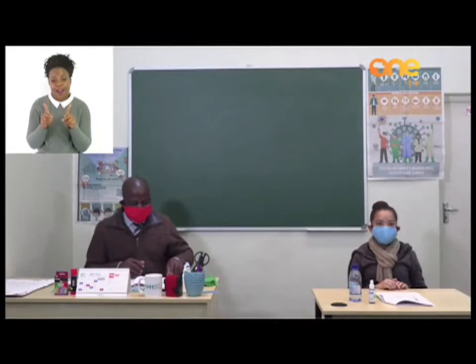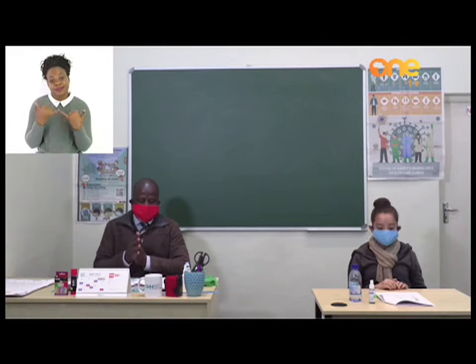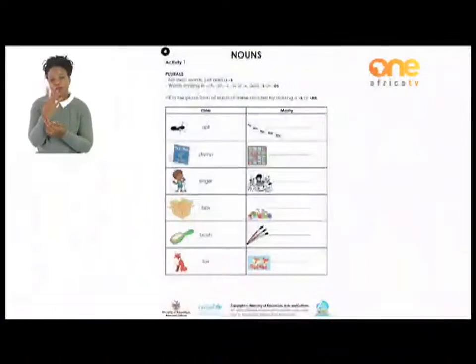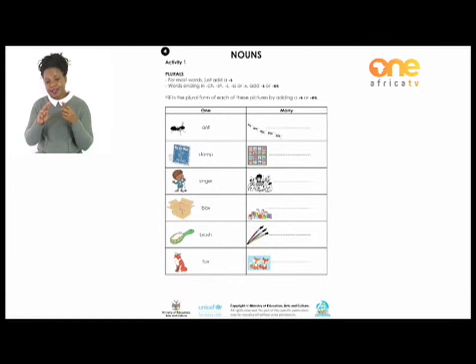Okay, my friends. Now, let's turn our books to page 4, where we are doing our activities. We want to see if we have understood the rules we were doing on page 3. Activity 1. For most words, just add S. Words ending with CH, SH, S, double S, or X, add ES.